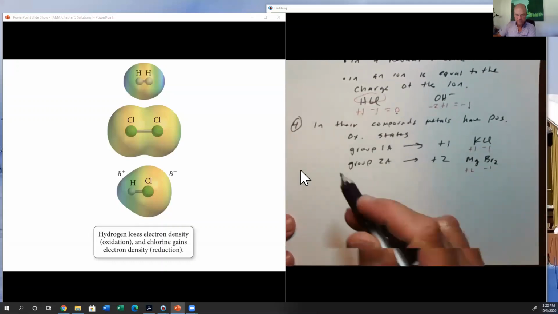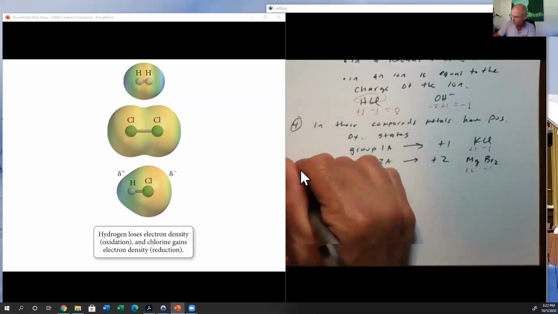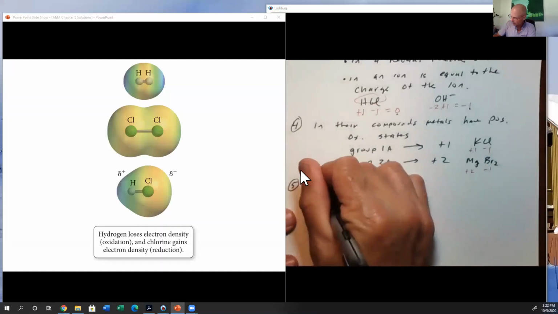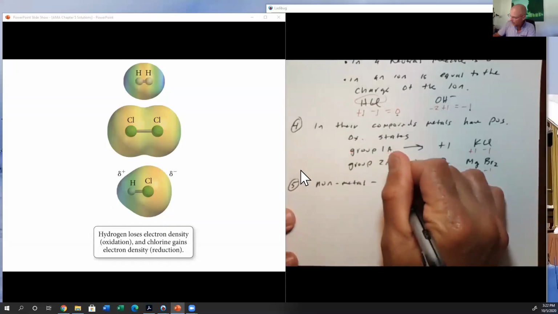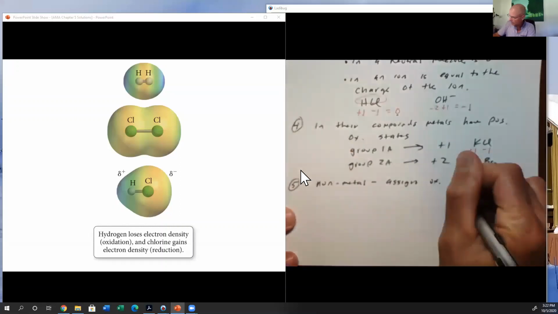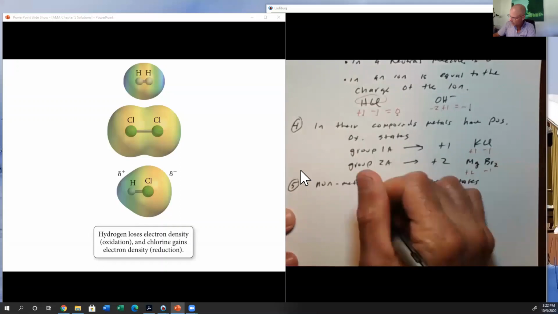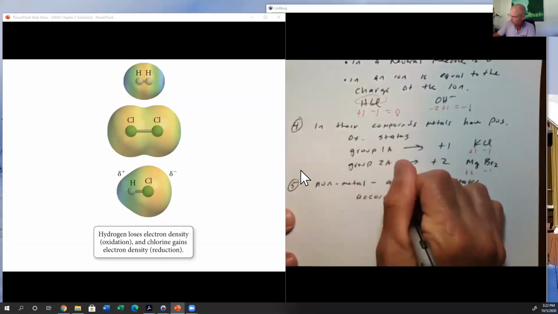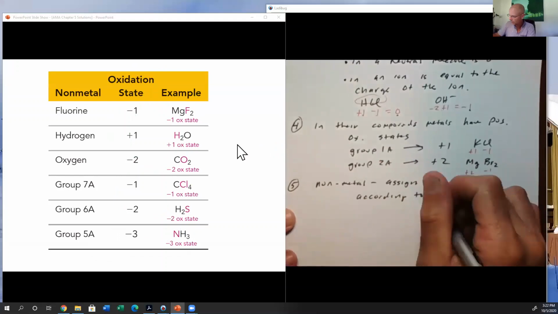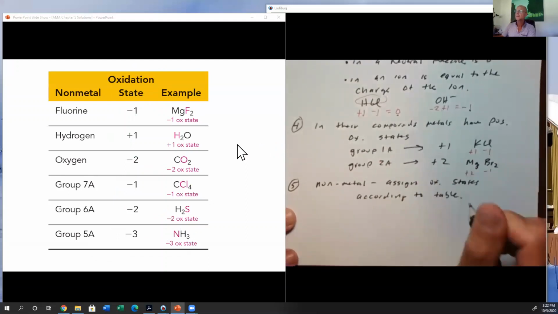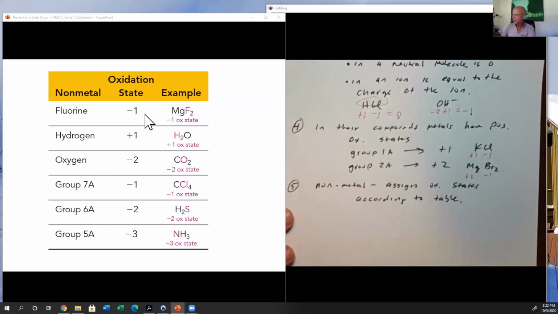And then finally, for non-metals, assign oxidation states according to this table. This table is hierarchical.